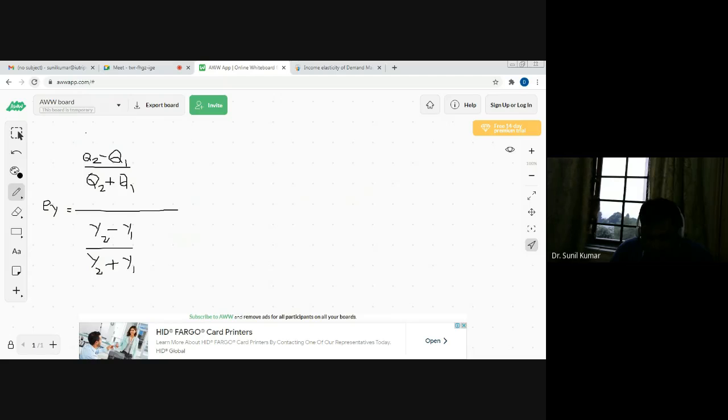If his income goes up to rupees 1100, he is prepared to buy 12 kg of sugar. Calculate income elasticity of demand.